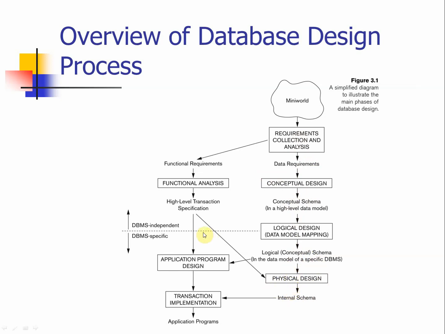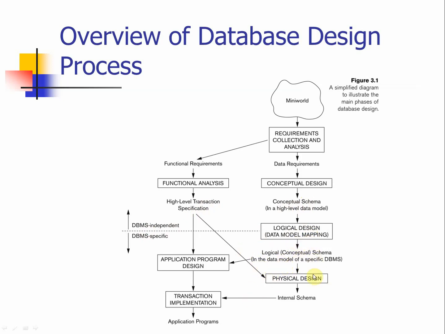You can see that the conceptual design as well as the functional analysis are DBMS independent, which means those designs do not talk about the details of the implementation. The details of the implementation will happen after the logical design mapping, which means when you create a relational schema diagram.